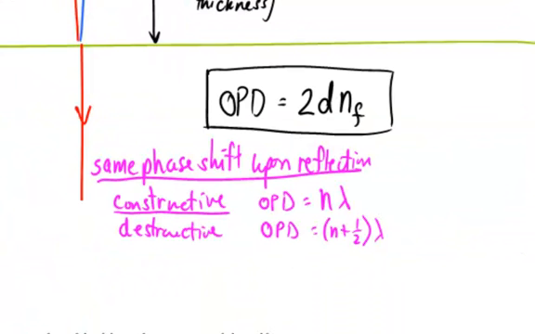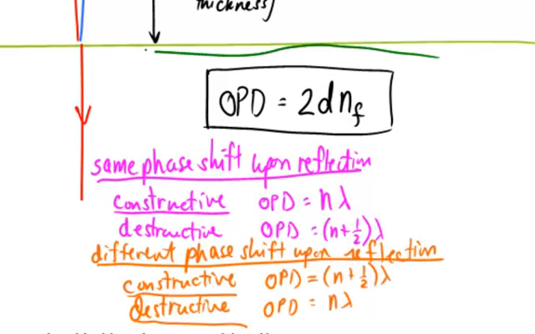Now, what happens if the relative phase shifts are different from each other? Then constructive interference is going to occur when the optical path difference is a half integer number of wavelengths, and destructive interference happens when the optical path difference is an integer number of wavelengths. So we can write a similar sort of expression for different phase shifts upon reflection.